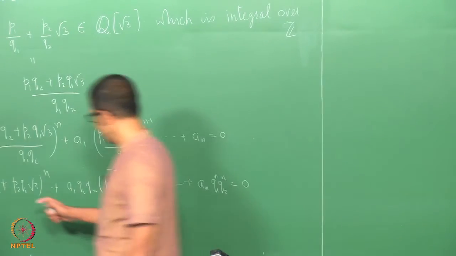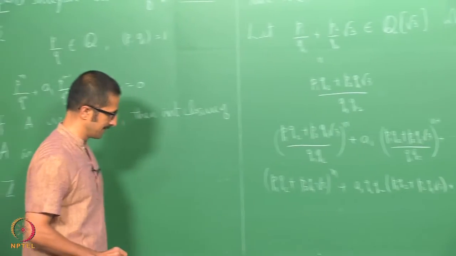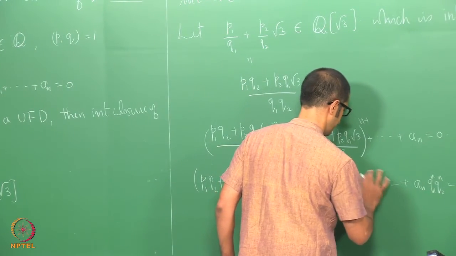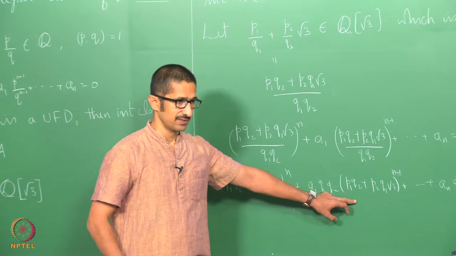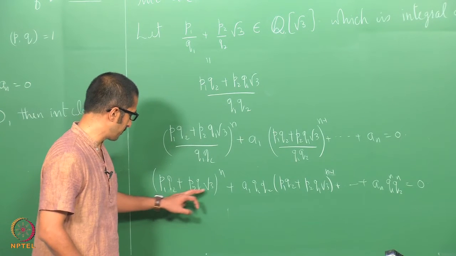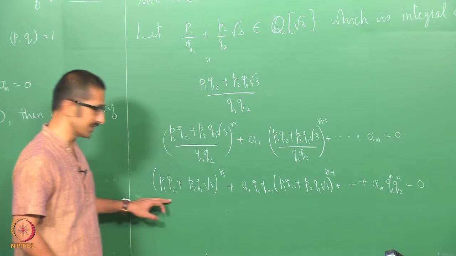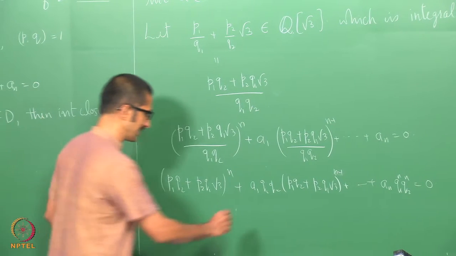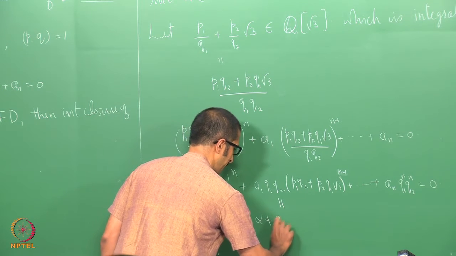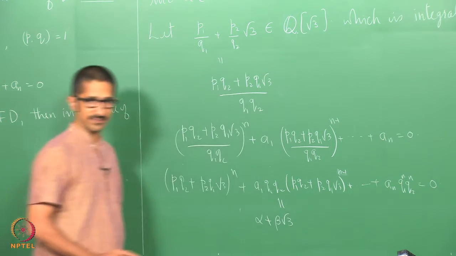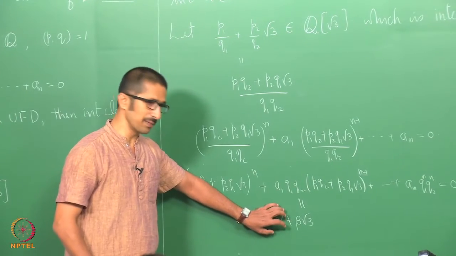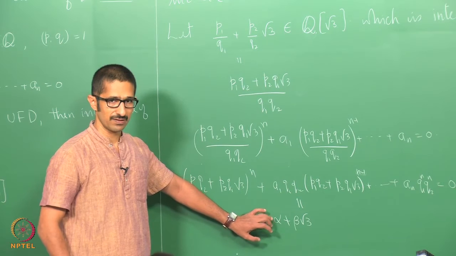So what? In each of them, what are the powers that will have only integers? This will again be equal to some alpha plus beta root 3. Whatever, all those will be absorbed in alpha. Okay.